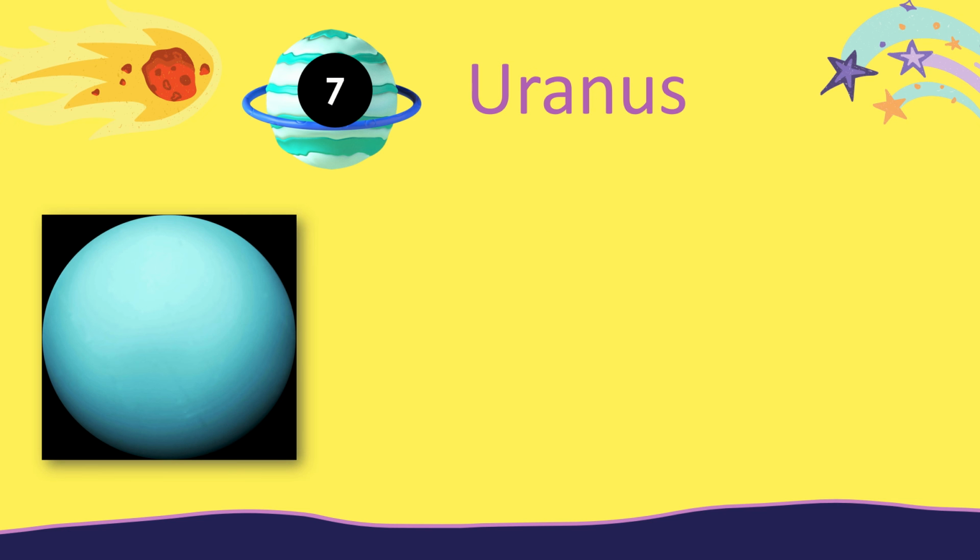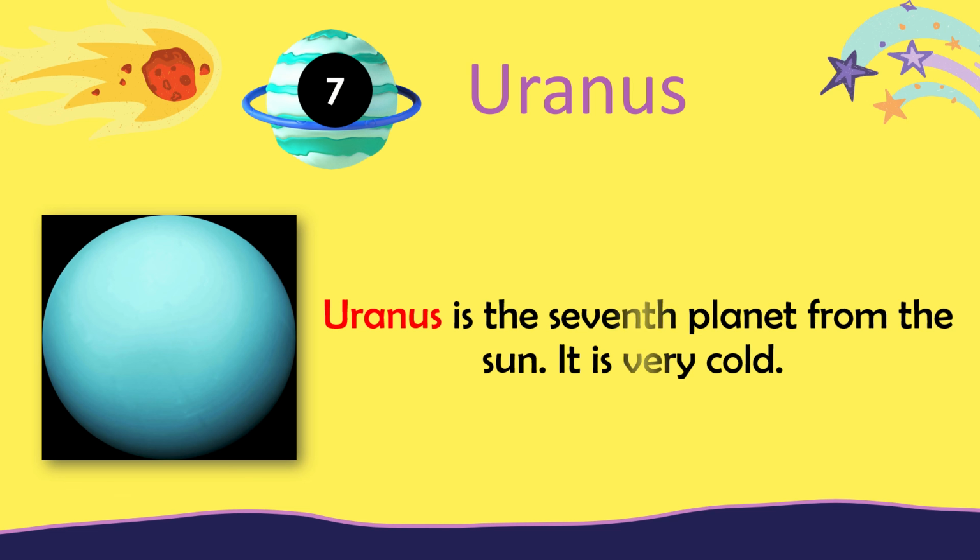Okay, next one, Uranus. One more time. Okay, Uranus. And it is color blue. Do you know why? So Uranus is the 7th planet from the sun. And it is very cold.